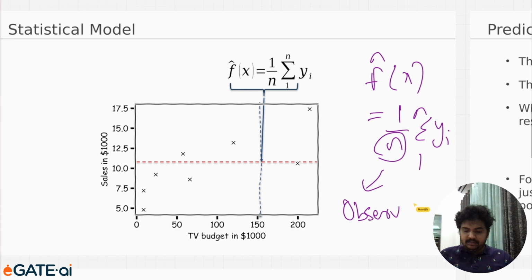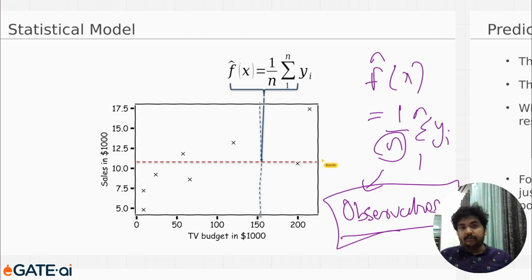So what do you think is the problem with this? Basically what we are saying is that irrespective of the x, it's going to be a particular y value. Now does that really make sense? It doesn't, right?